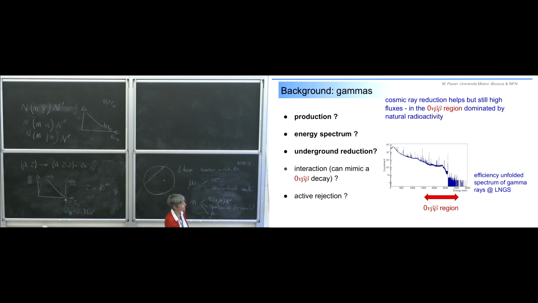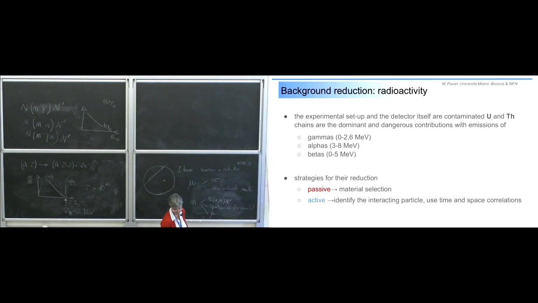You see that at higher energy, the background drops a lot, more than 1 order of magnitude. Then I have alphas, those alphas that are dangerous for neutron production. And they have energy between, no, this is not 3, it is 4 and 8 MeV more or less. I have betas up to 5 MeV.